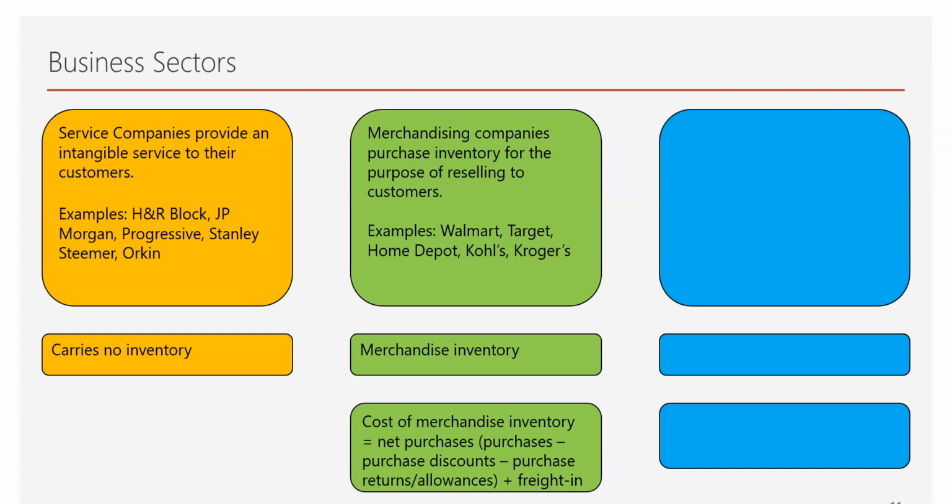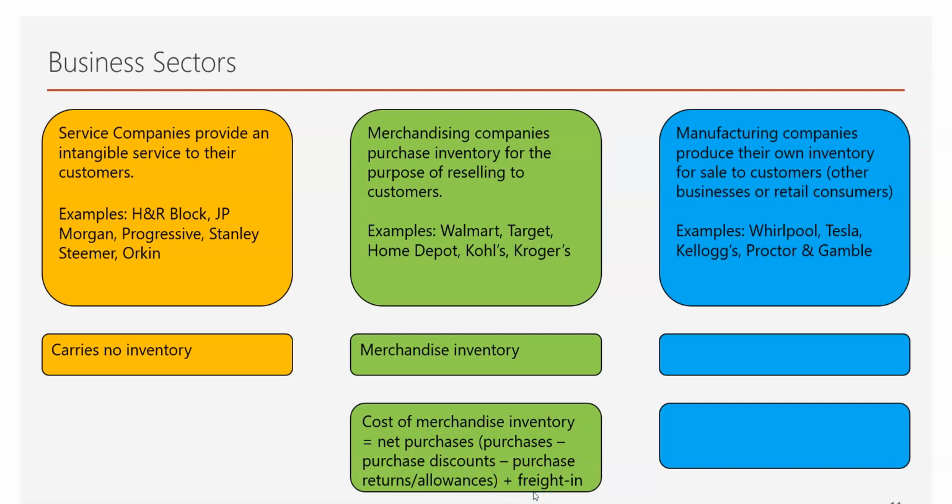How do we get the cost of merchandise inventory? Well, we're going to take our net purchases plus freight in. And how do we calculate net purchases? Our total purchases minus any purchase discounts minus any purchase returns and allowances. So the cost of merchandise inventory is going to be the net purchases plus our freight in.